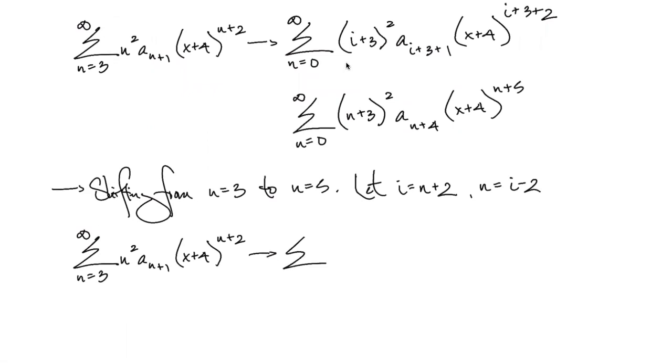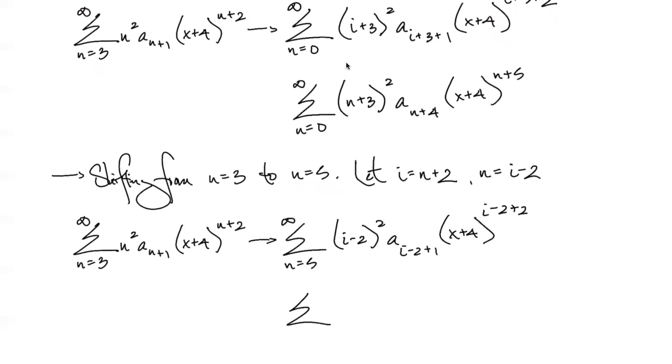And so we are shifting now to 5. And so everywhere I see the n, I'm going to put i minus 2. So i minus 2 squared, a sub i minus 2 plus 1, x plus 4 to the i minus 2 plus 2.